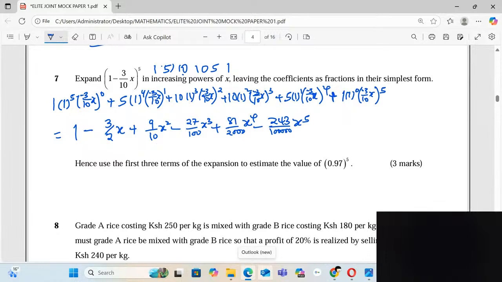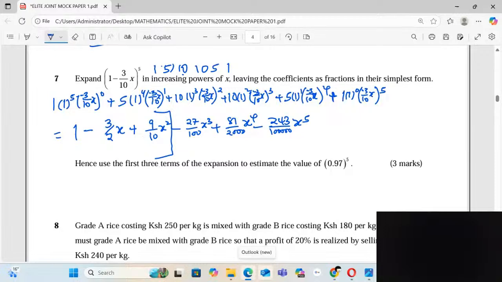So we leave our answer there, so that we go to the next question, which says, hence use the first 3 terms of the expansion to estimate the value of. So the first 3 terms of the expansion, we have this one, then we have 3 over 2x, then 9 over 10x squared. So you're going to focus on the first 3 only.